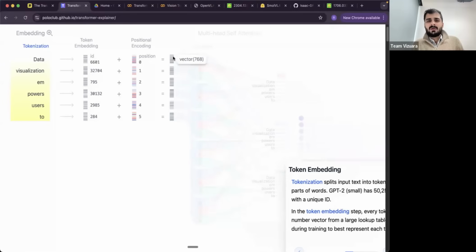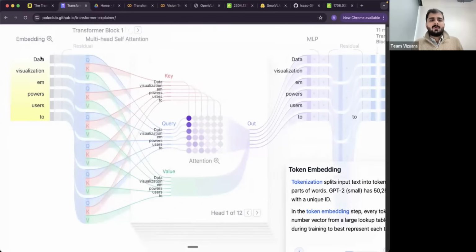But that's not really important. What is important is this process of token embedding and positional embedding. You can see data corresponds to position 0, visualization corresponds to position 1, then it goes on sequentially. Now you create the input embedding.